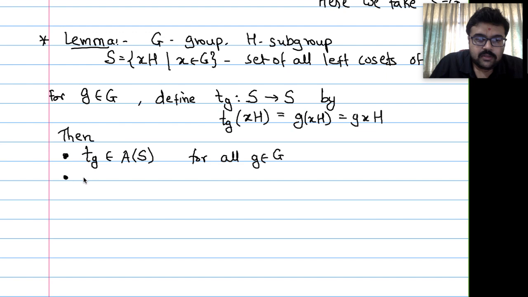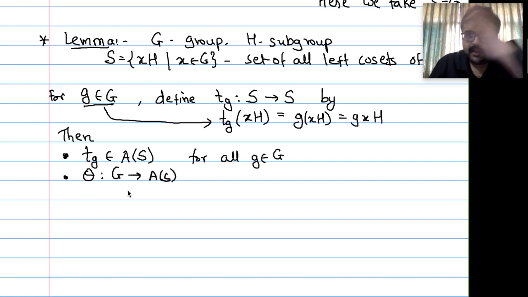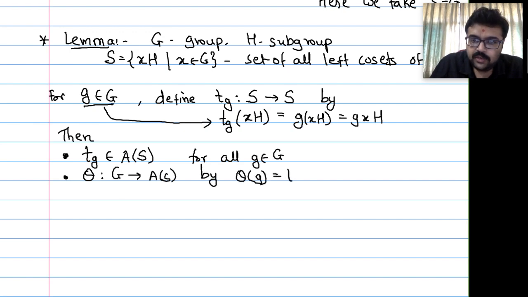So this was the first thing. Second is theta, if we define it. For every g we are getting t g. So that means we can define theta from G to A(S). If I take an element g in G, I get t g, and t g is in A(S). So theta of g is defined as t g, and theta is a homomorphism.